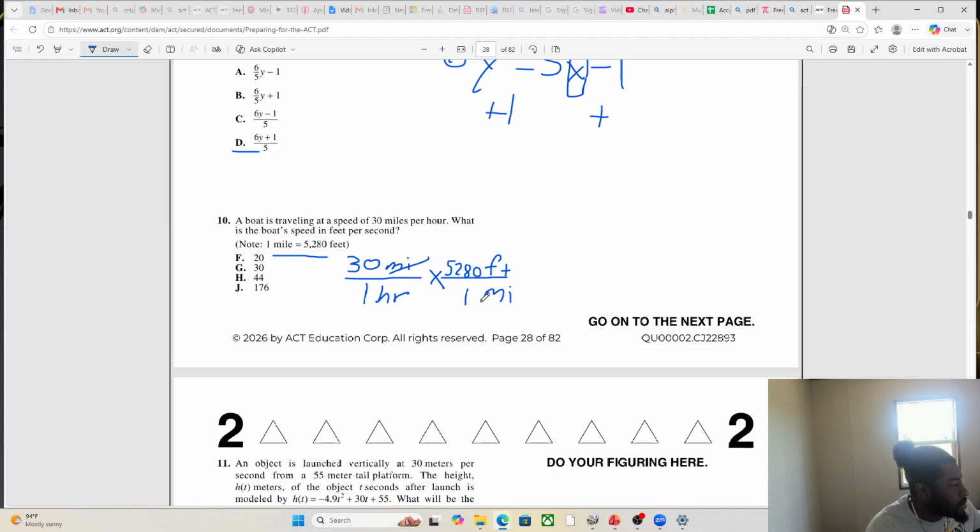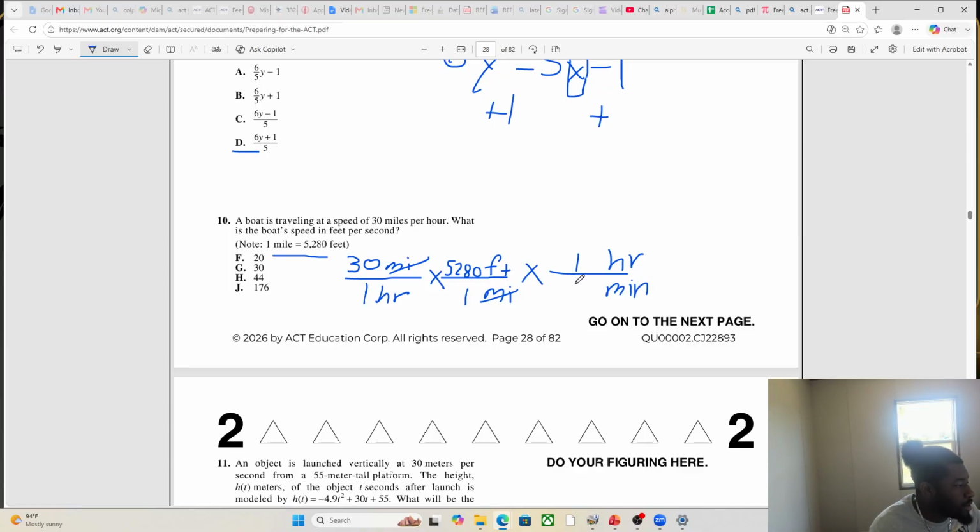So miles cancel. We're in feet. Cool. So now we're going to convert hours. We're supposed to go to seconds, but we are going to be able to go to minutes first. So hours go right here on top because it cancels, and minutes gonna be at the bottom.